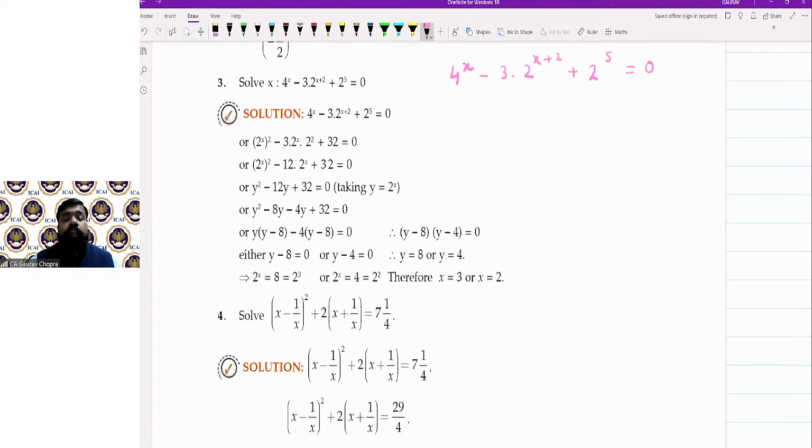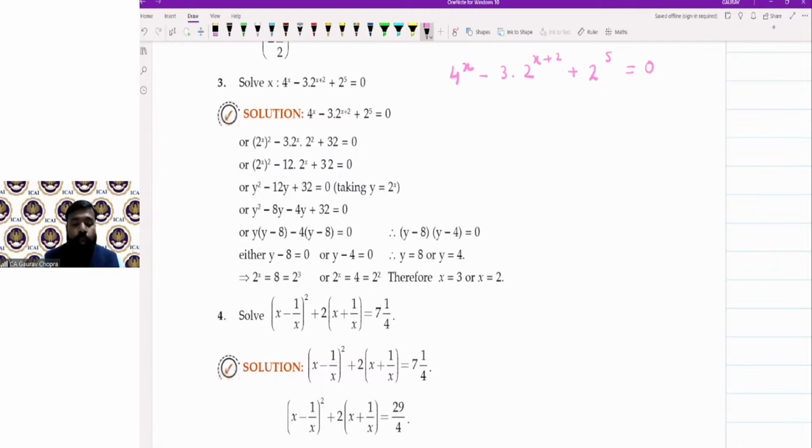Such a question can be easily solved using options. You can put options in place of x and check which is satisfying. The best way is to use the options as we studied in the previous session, and the second best is to use the quadratic method.